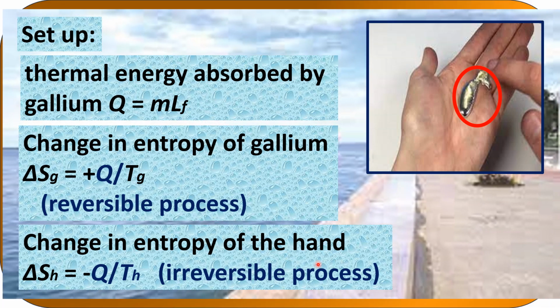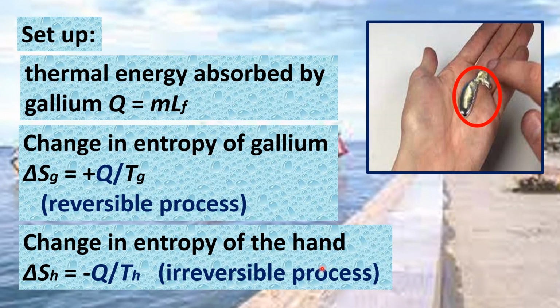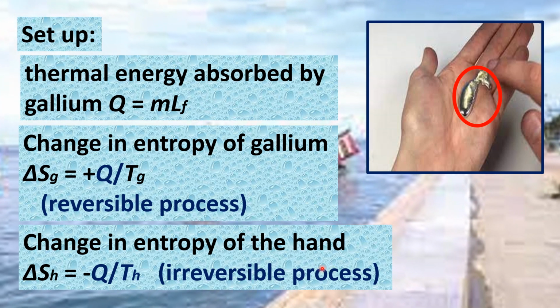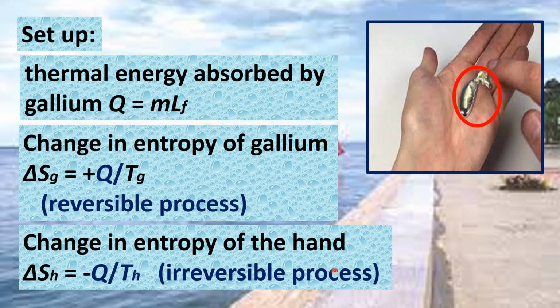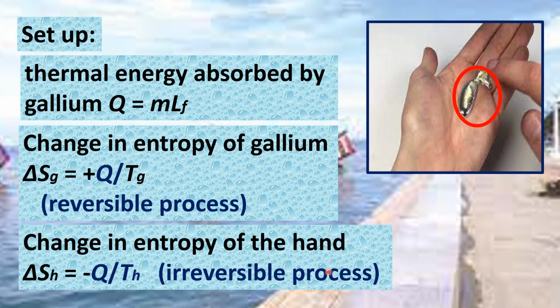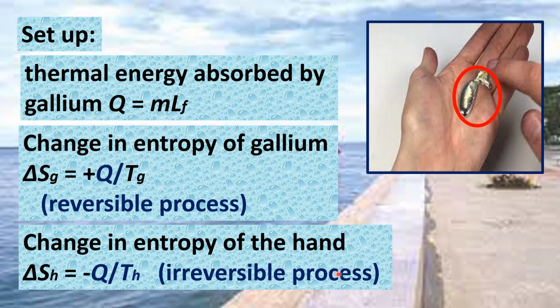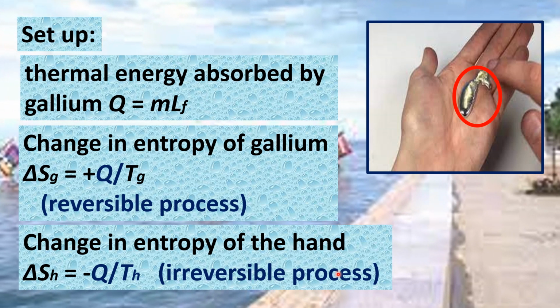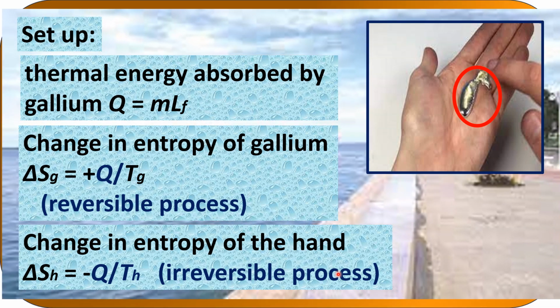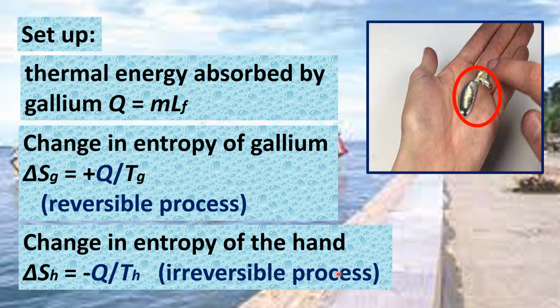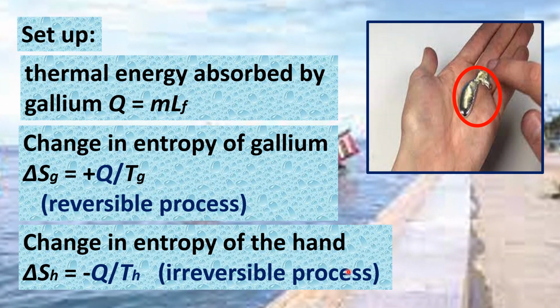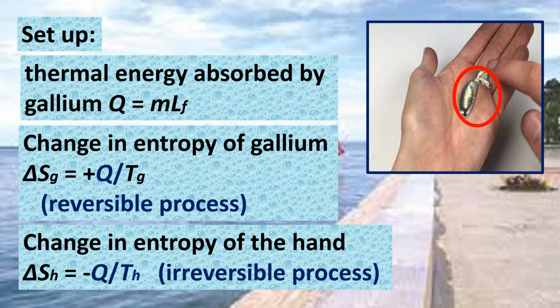So, an irreversible process means that the system can no longer return to its original thermodynamic state before the process has started.